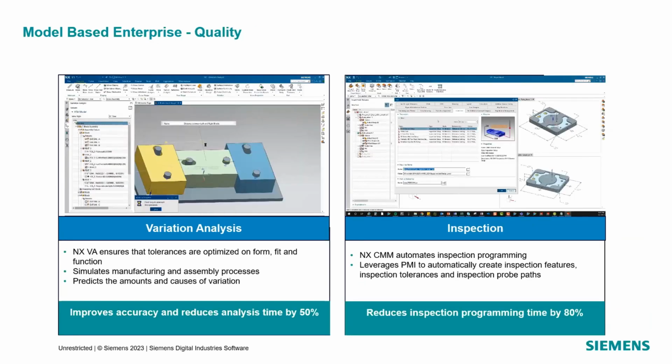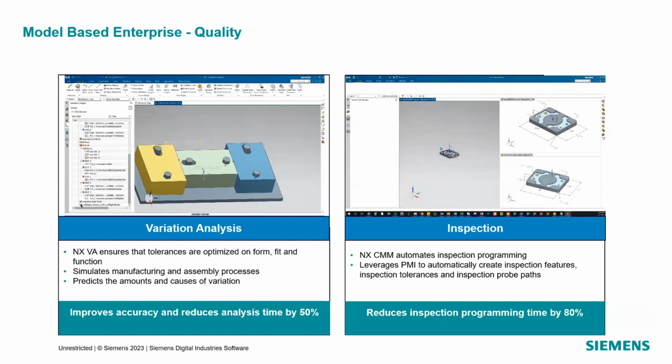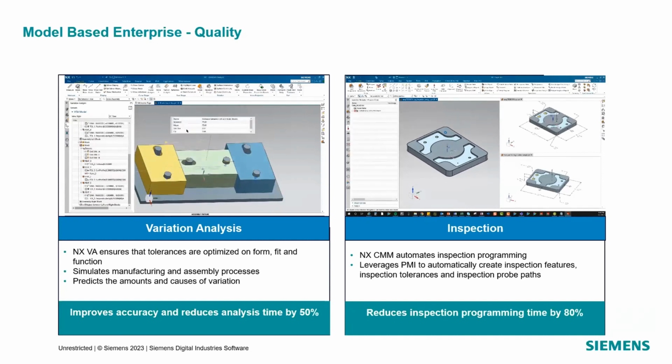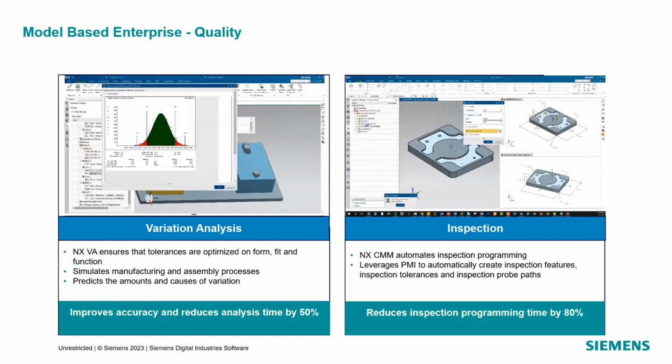If we go to the quality side, just two of the things inside of, again, NX. One is we have the NX VSA product. If I want to do tolerance stack up analysis, I can use the PMI that's created on those models and perform the different tests and studies, right? Are we within conformance, out of conformance?